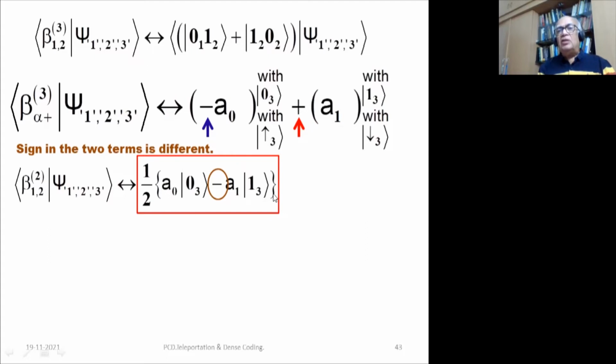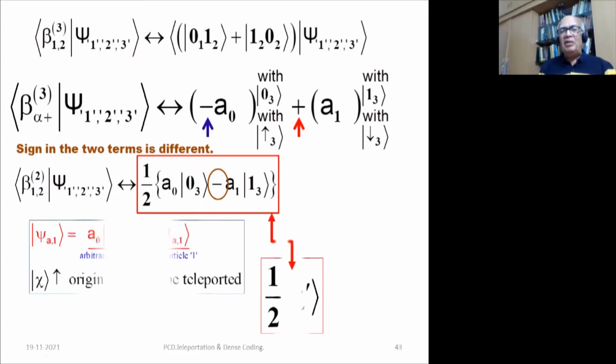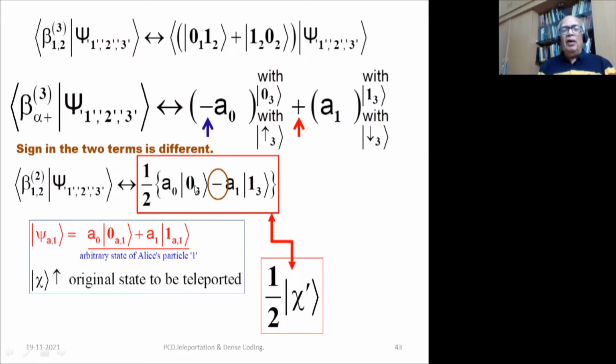Now this is not the qubit 1, which is what we call chi, which is the original qubit whose information was to be teleported. So Bob doesn't have it. What is the difference? The difference is in the sign here, because you have with Bob qubit number 3, which is a superposition of 0 and 1, which is the quantum of information which Alice wanted to teleport, which is a superposition of 0 and 1, but 0 was scaled by A0, and this 0 is also scaled by A0, so that part is good.